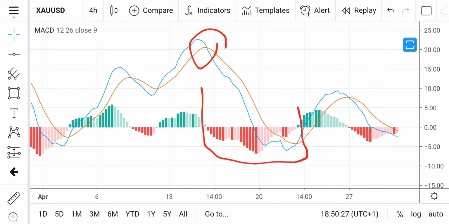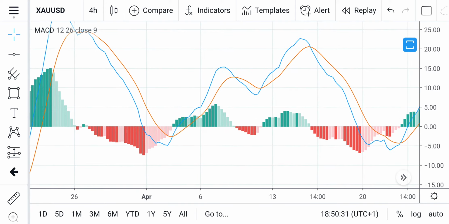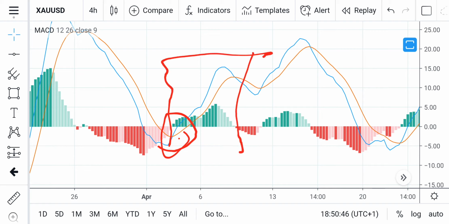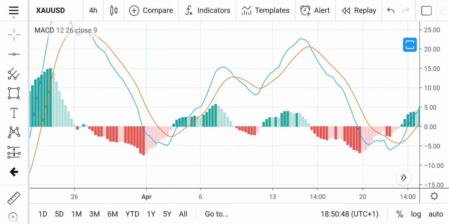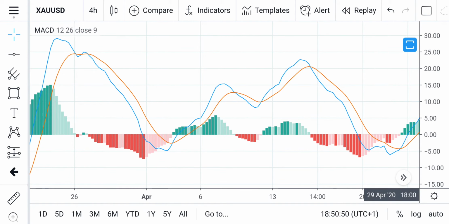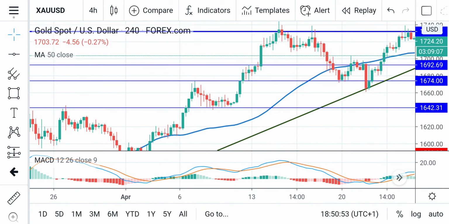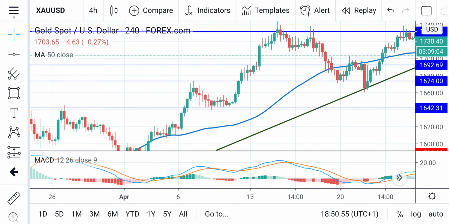That's why you have this red MACD region over here. And when the blue line is trying to cross above the orange line, it is trying to tell you that the market is going to turn bullish, and that's how you have this green, and price is going to go up. So you use the MACD cross to identify trend.